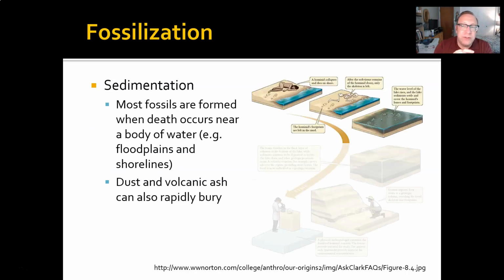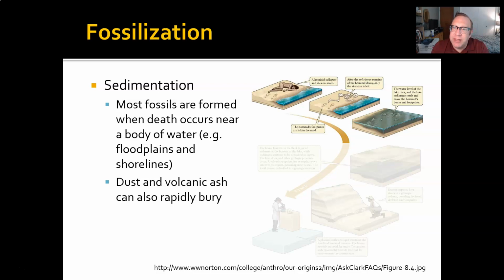So the way this usually works is there's some sort of sedimentation event that occurs. In this case, say a hominid dies next to a lakeshore, okay, where maybe they went to get some water, but they were sick and they didn't make it back from the lakeshore, so they die on the shore.